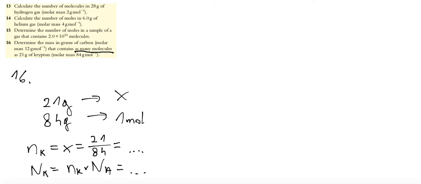Okay, so now we can start the second part of the exercise. Determine the mass in grams of carbon, which has a molar mass of 12 grams per mole, and we know the number of molecules. The number of molecules of carbon is exactly the same as the number of molecules of krypton, which was calculated here. So how to find the mass? Mass is molar mass times number of moles, because the number of moles times the molar mass, which is the mass of 1 mole, results in the total mass.